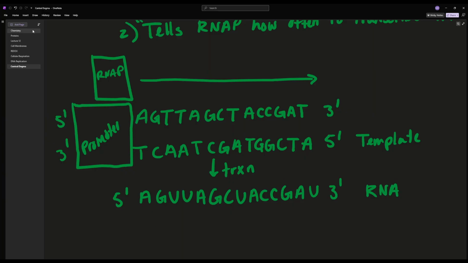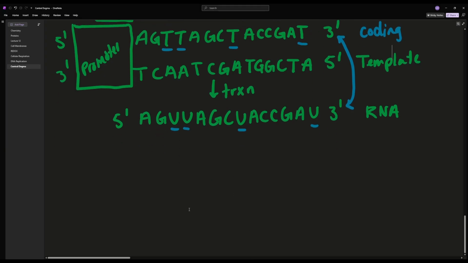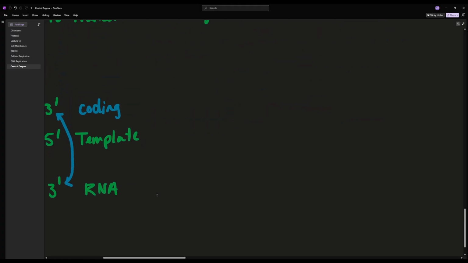And now we can look at the similarities. If we look between this strand and the RNA transcript, notice how they're the exact same sequence, except the T's have been replaced with U's. That is because this strand is the coding strand. We can try a mathematical thought experiment here.